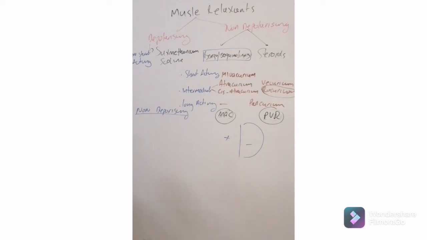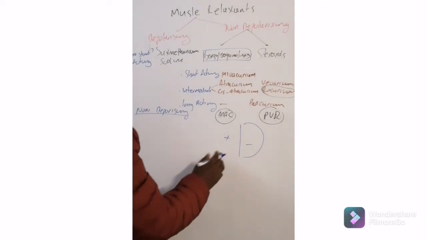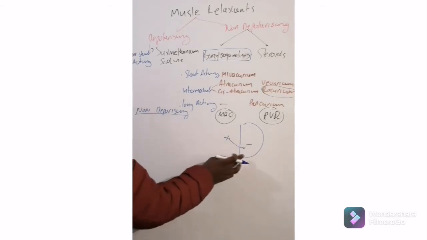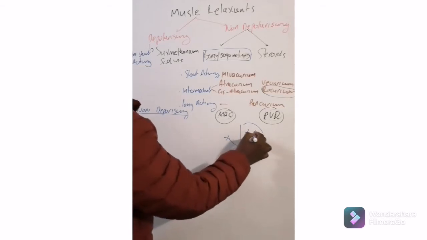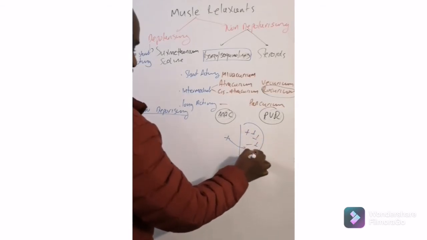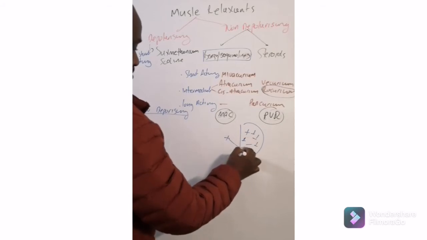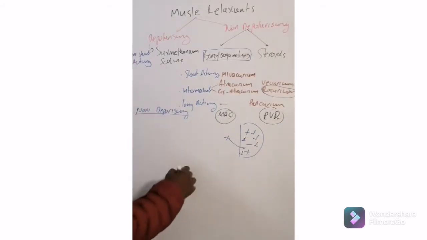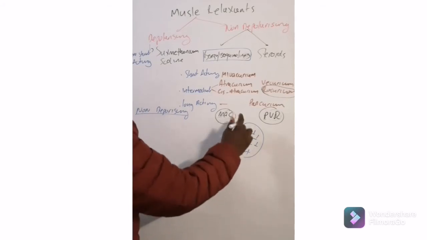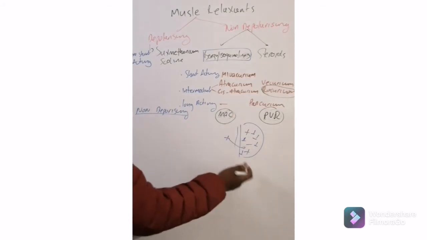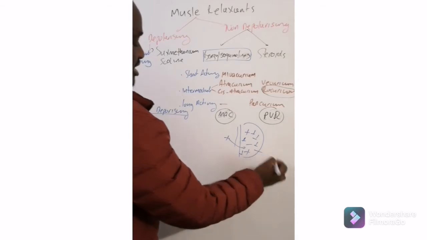That's the resting state. Now, the minute you've got influx of positive ions into the cell, you are changing from being negative to being positive. That's depolarization.